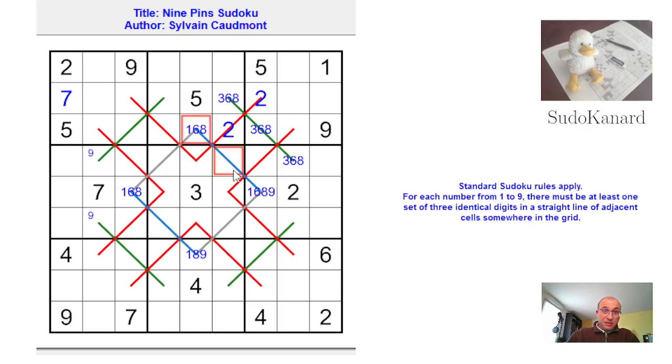Here it could be 1, 6, or 8. So there are lots of options. And I can't pencil mark those cells because I don't know whether the blue option or the gray option is the one that will appear in the final grid. But I'm feeling that something has been happening here.